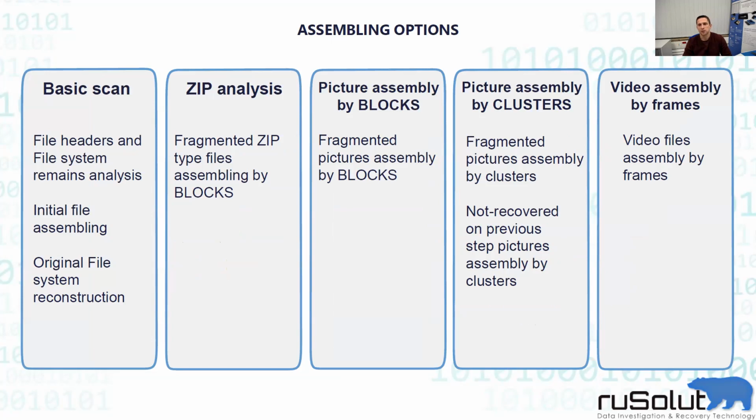On this slide we can see assembling options. It's like scans which you can run. The first scan is a basic scan. You can't disable it. All of the other scans are switchable, you can either enable or disable them, but the basic scan you can't. It's a default or initial scan.